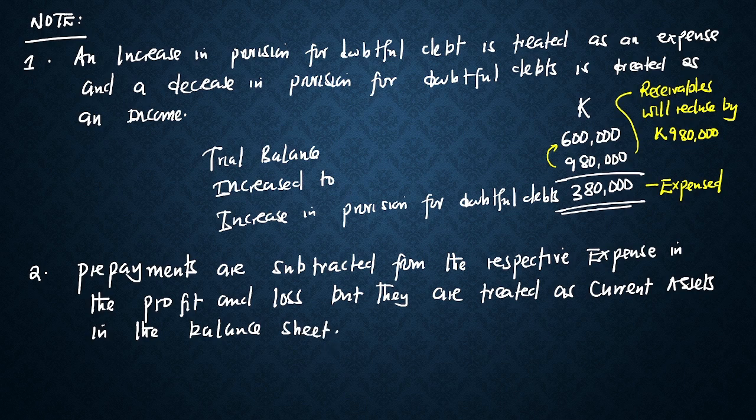I hope that statement is clear. Prepayments are subtracted from the respective expense in the profit and loss, but they are treated as current assets in the balance sheet.